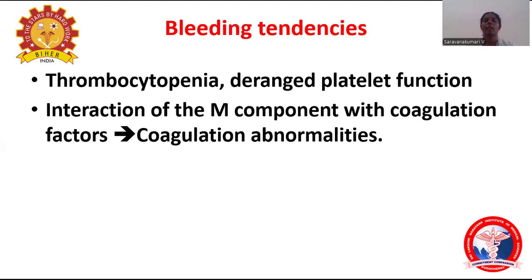And multiple myeloma patients can have an increase in bleeding tendencies. This patient can have thrombocytopenia and impaired platelet function. In addition, the M components, that is the M proteins, interact with the coagulation factors and lead to coagulation abnormalities.